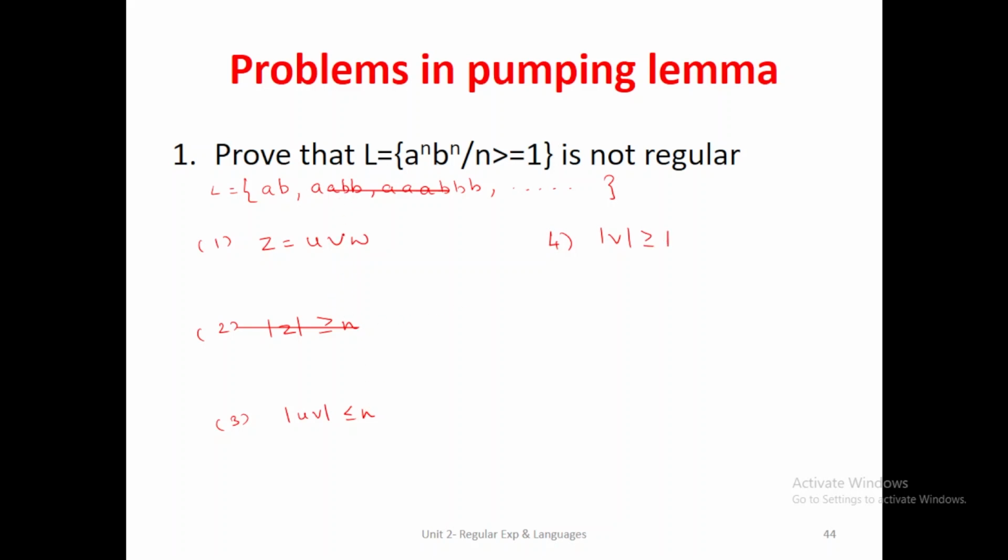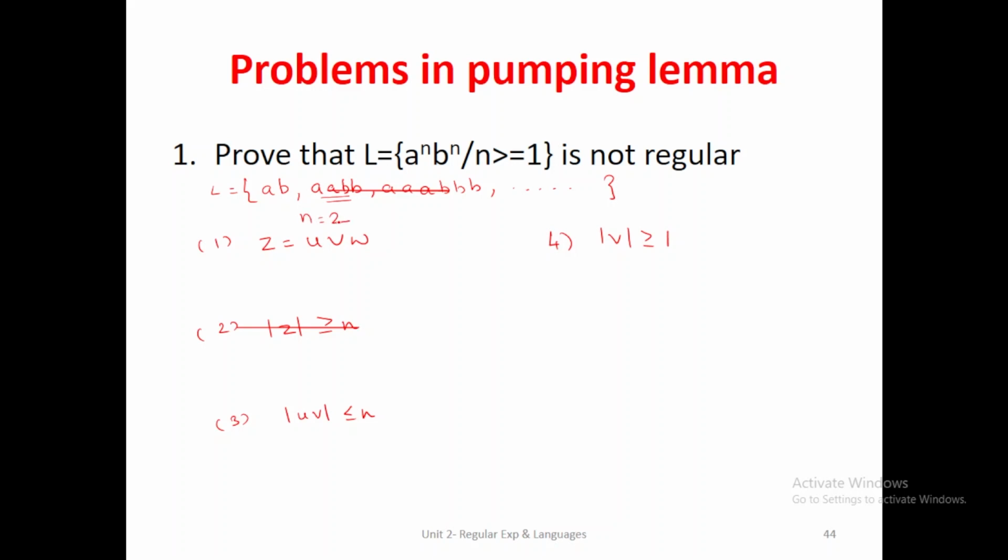So how can we frame it? If I take the first string, only two symbols are there, so you cannot make three substrings. So let us take the second one. It contains aabb. So you can take U as the first a, V as the second a, and W as bb. Consider how you can frame aabb.